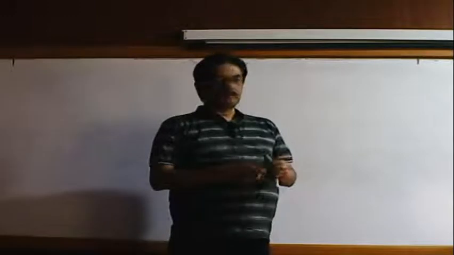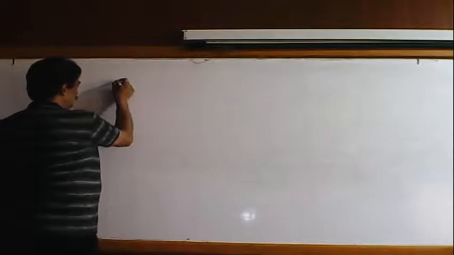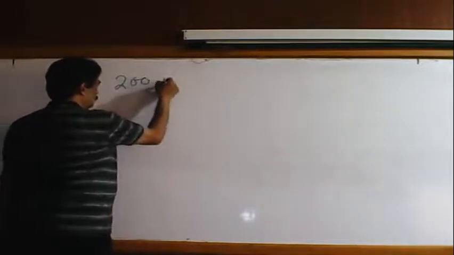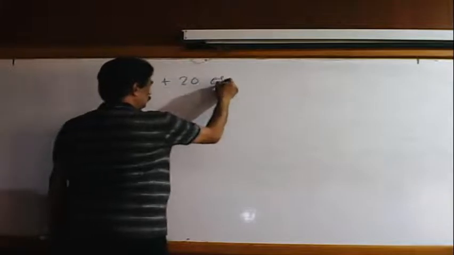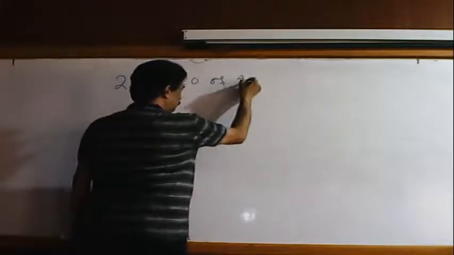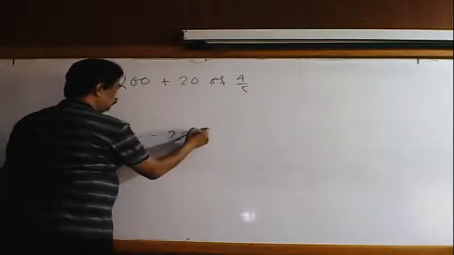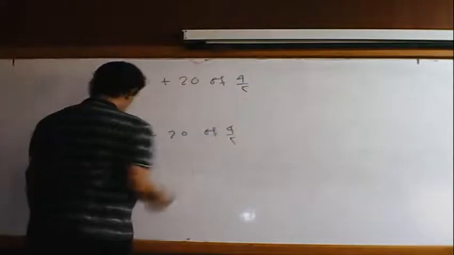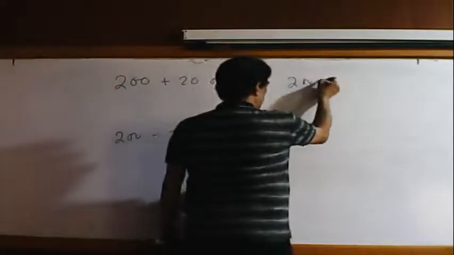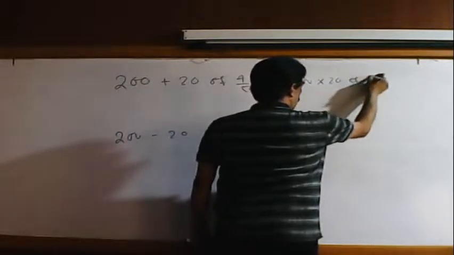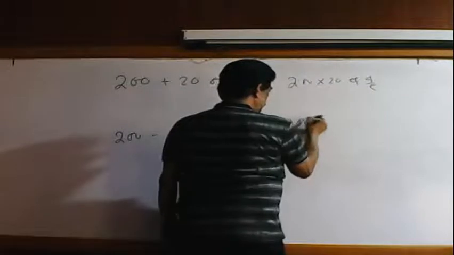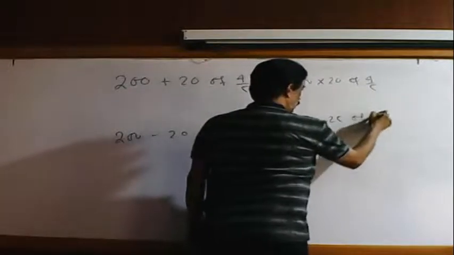Our next topic, how to calculate 'of'. Say I take some examples: 200 plus 20 of 4 by 5. 200 minus 20 of 4 by 5. 200 into 20 of 4 by 5. 200 divided by 20 of 4 by 5.